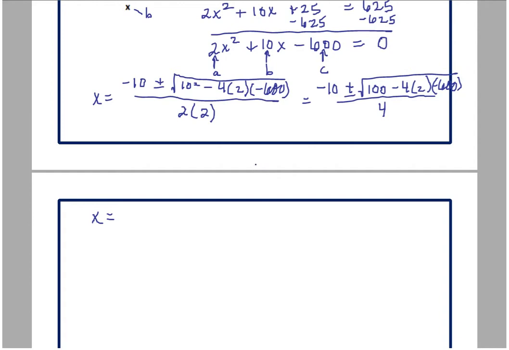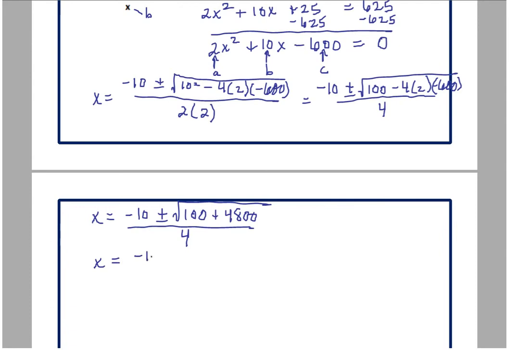Let's do the 4 times 2 times negative 600. So we have a negative 10 plus or minus the square root of 100. Then we have a minus 4 times 2 times negative 600, which ends up as a positive 4,800. All over 4.